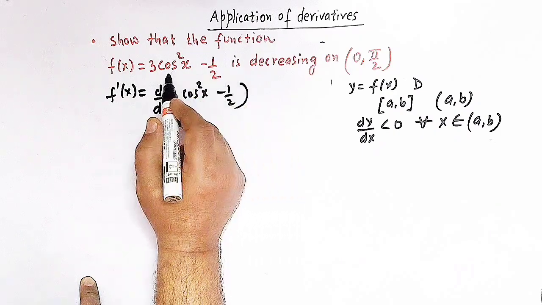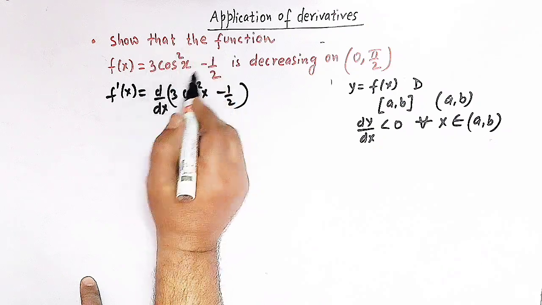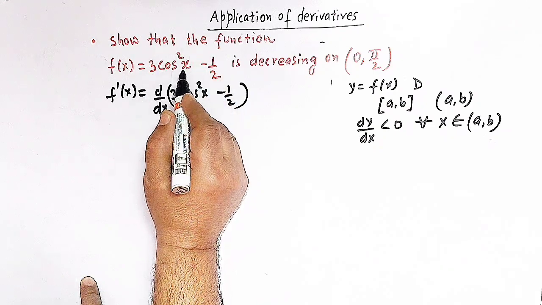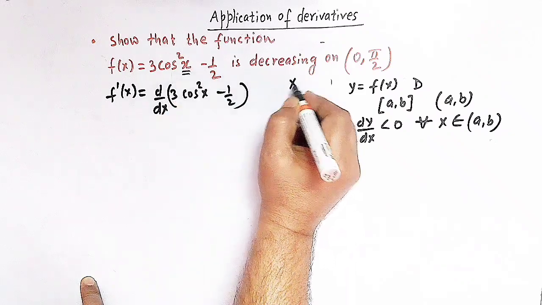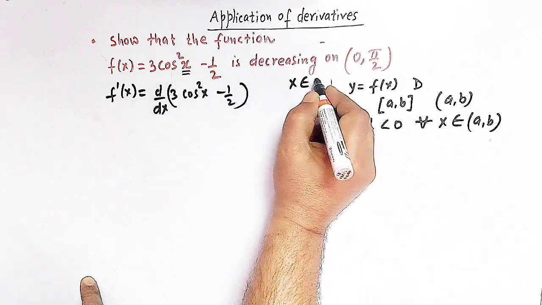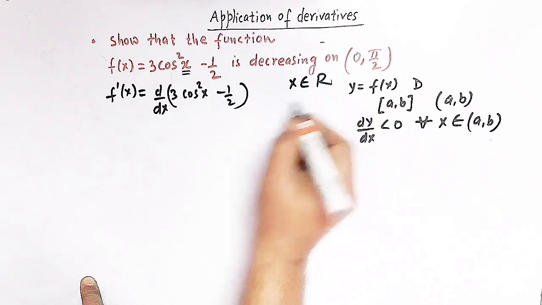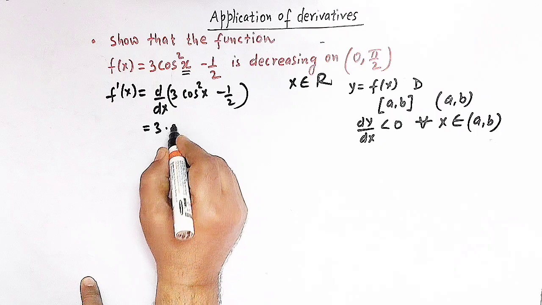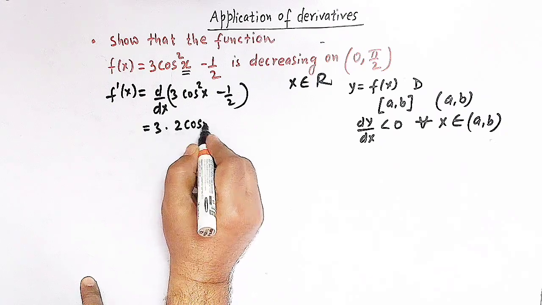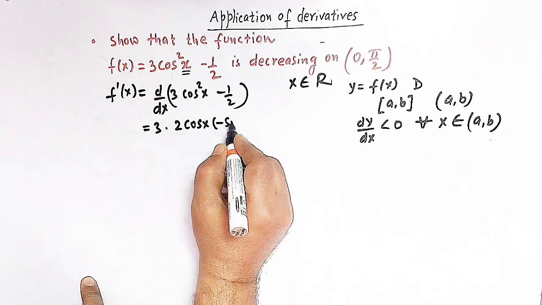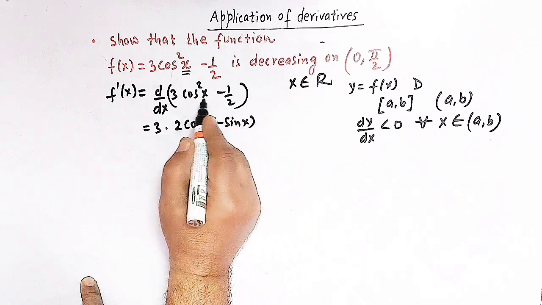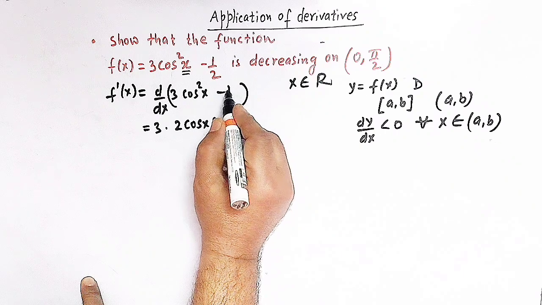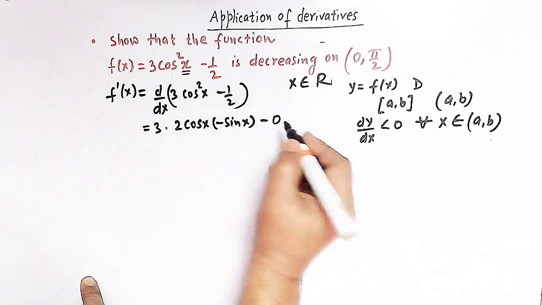It is important to note that the domain of this function is the set of all real numbers, so x belongs to R. The derivative of cos square x is 2 cos x, and by chain rule we have minus sine x, since the derivative of cosine x is minus sine x, and the derivative of half is 0.